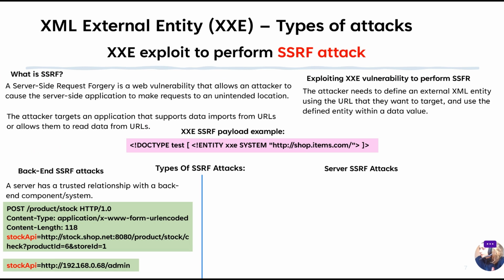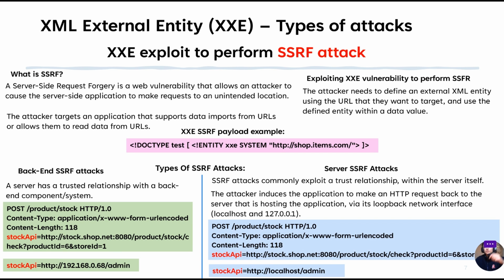Okay, so let's continue. Just a quick recap on this. The server-side request forgery attack commonly exploits the trust relationship within the server itself, and the attacker induces the application to make an HTTP request back to the server that is hosting the application via its loopback network interface. That's what we did using localhost, but you can use the corresponding IP 127.0.0.1.